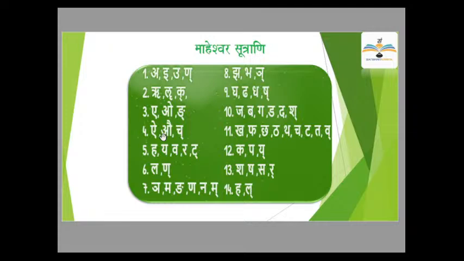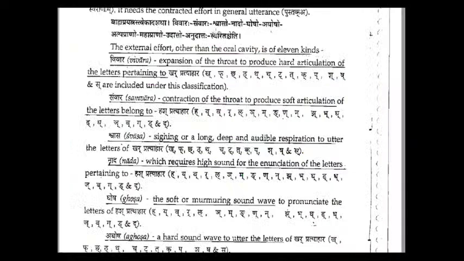Which are the 11? Vivaraha, Samvaraha, Swaso, Nado, Ghosho, Aghosho, Alpaprano, Mahaprano, Udatto, Anudattaha, Swaritas Cheti. Students, Vivaraha, Samvaraha, and here you read Swaso. Basically this is Swasaha.